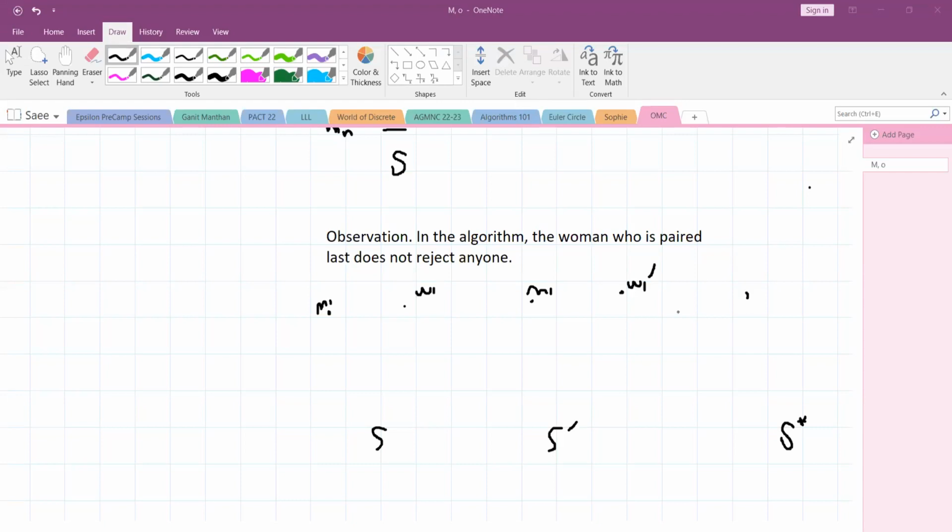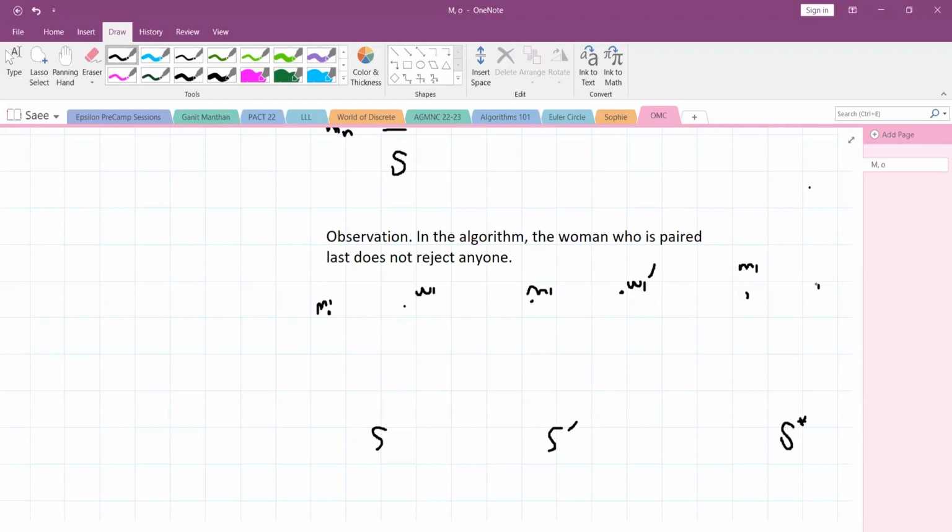The same thing can be shown the other way around as well, where we define S star so that M1 is paired with the person he likes less among W1 and W1 prime. In that case also it cannot happen. It's very surprising, not at all obvious, that a woman is paired with two men or a man is paired with two women.